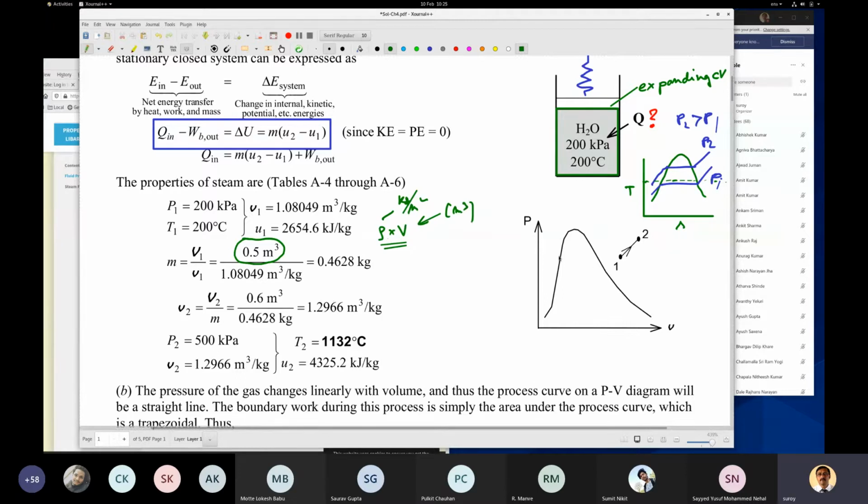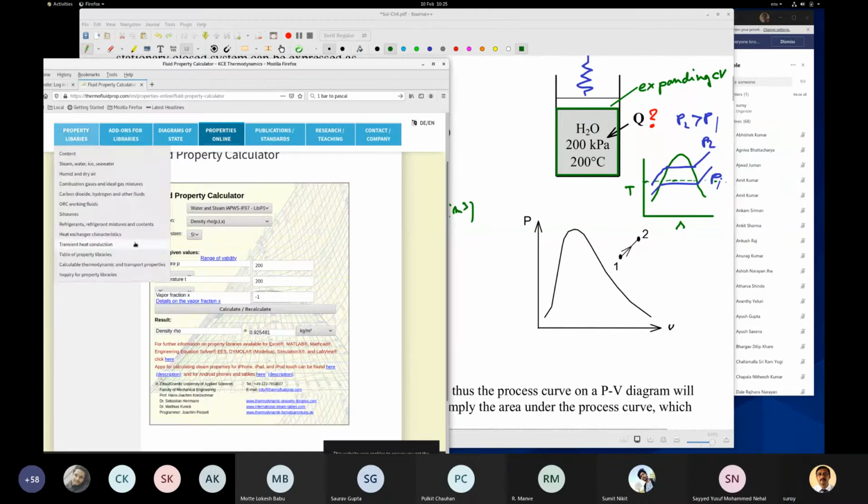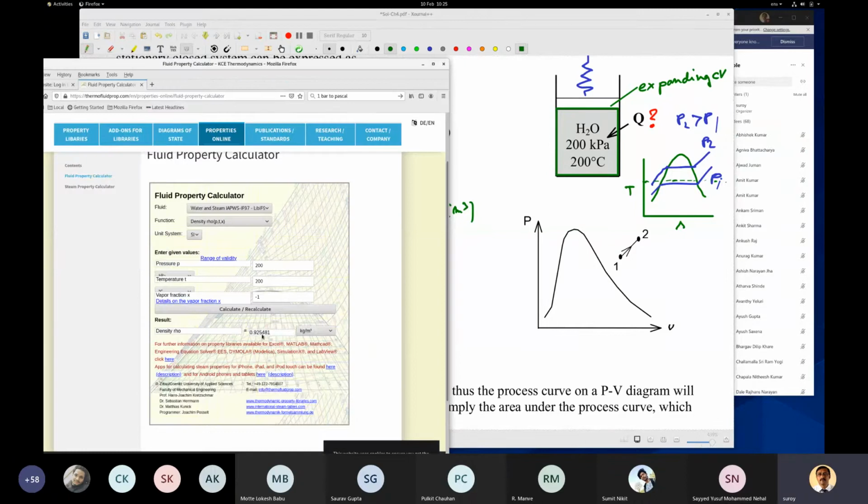So what is our density? We saw our density is 0.92.